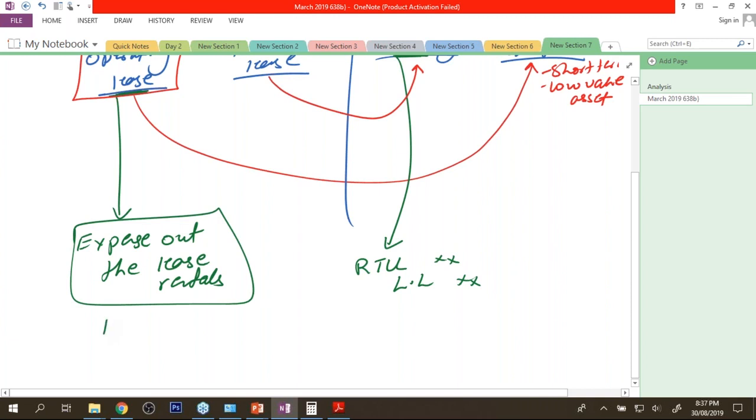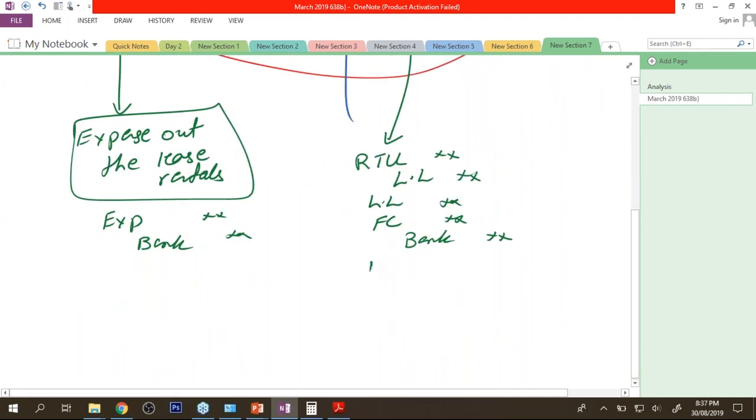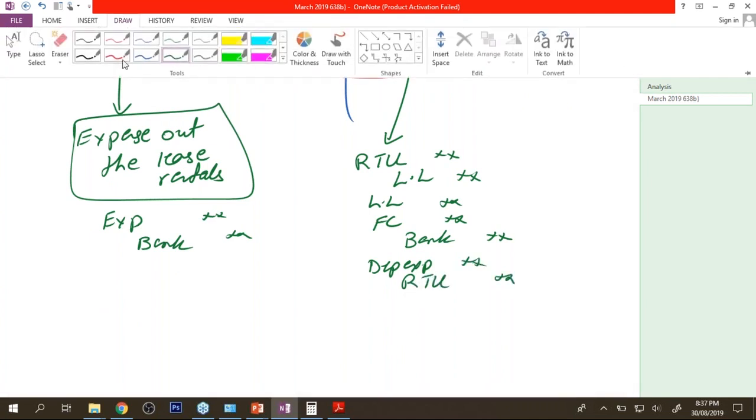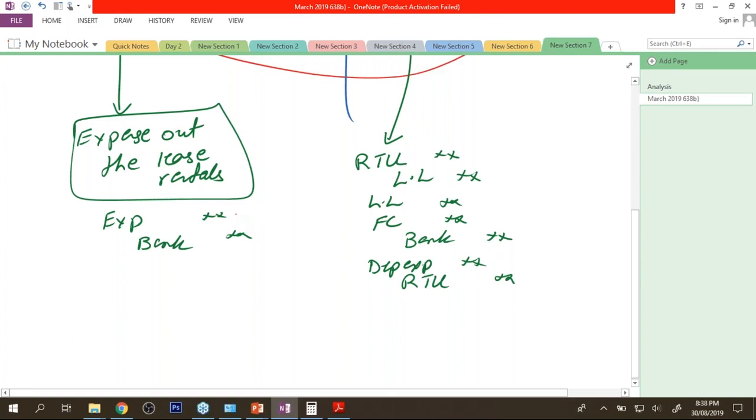And the rentals that we previously used to expense out by making the entry as expense debit and the bank credit will now be made as an entry as the bank credit, finance cost debit, and the lease liability debit. Plus, we will be amortizing the right to use as the depreciation expense debit and the right to use credit. So effectively, the expense, which was the rent expense, is now distributed amongst the finance cost and the depreciation expense.